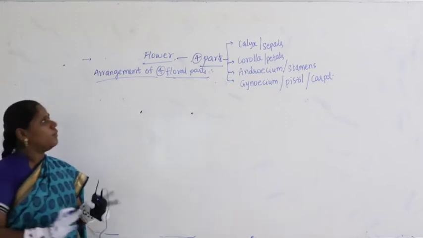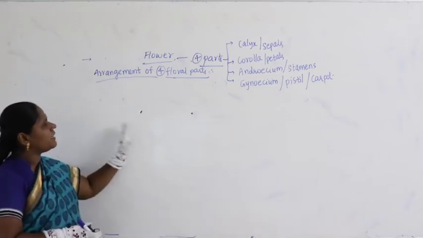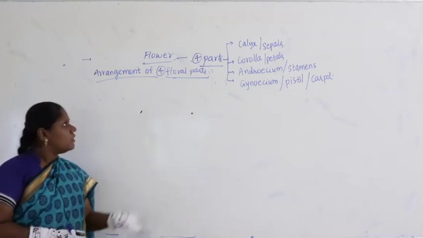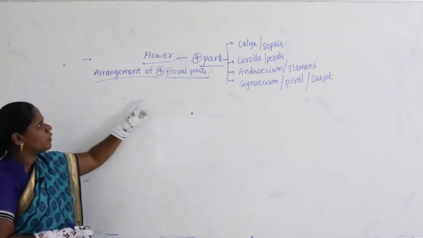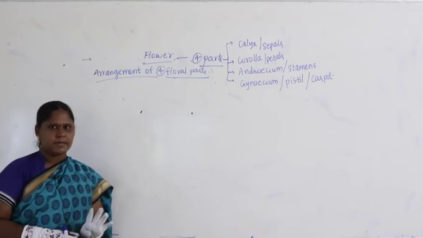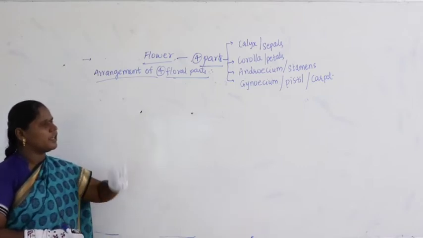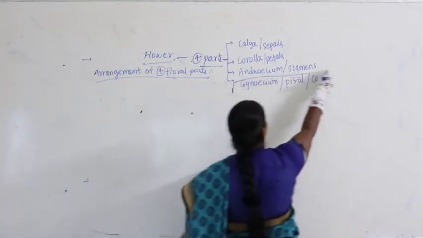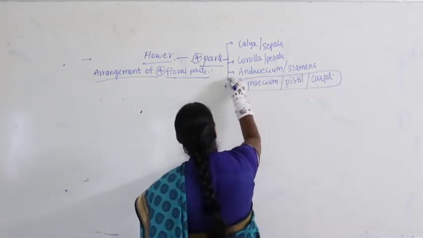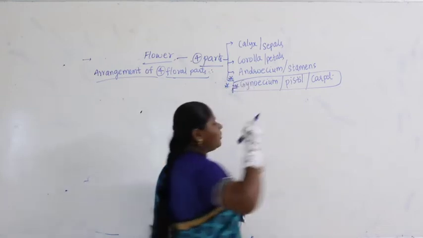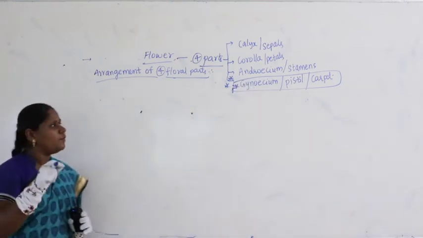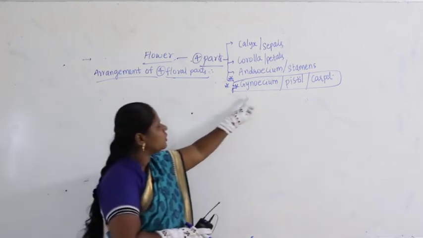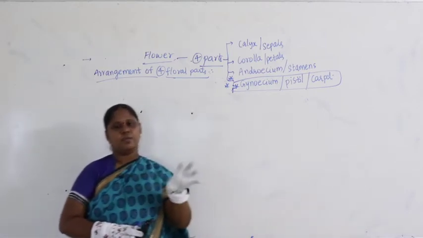Now in these 4 floral parts, we have to take any one as an indication to classify the types. So we are just looking for arrangement of 4 floral parts. In that mainly we are taking into consideration of gynoecium. The position of gynoecium vary, it shows many variations. The position of gynoecium is different in different type of flowers.